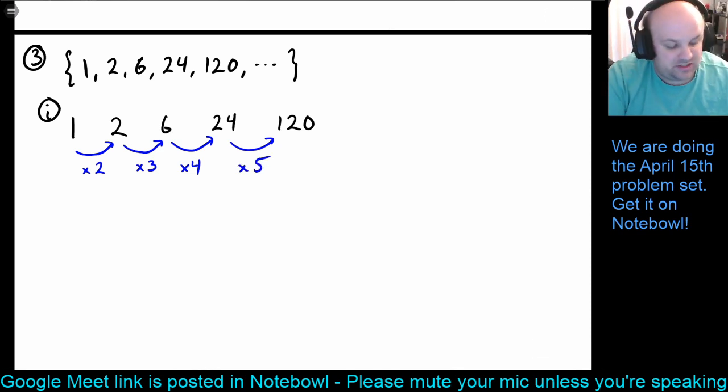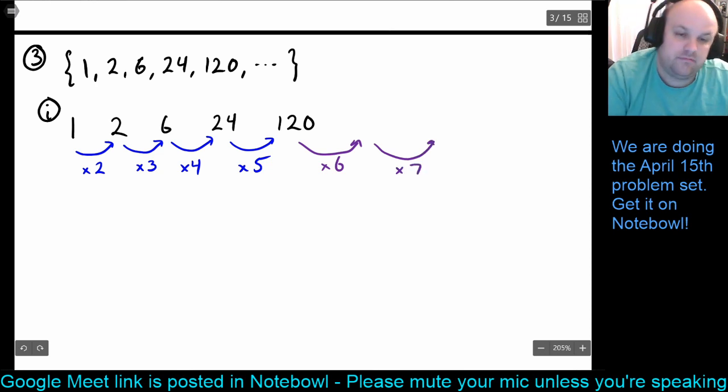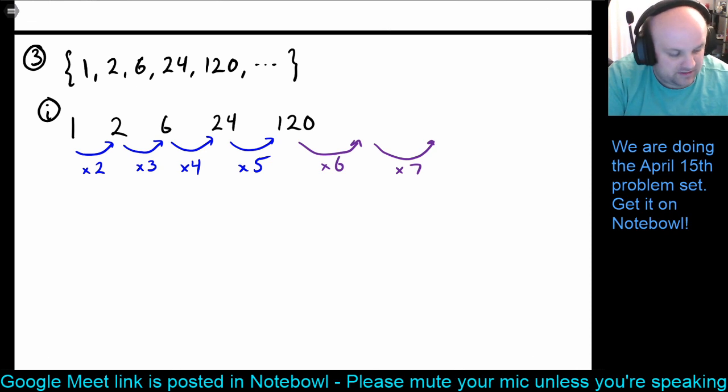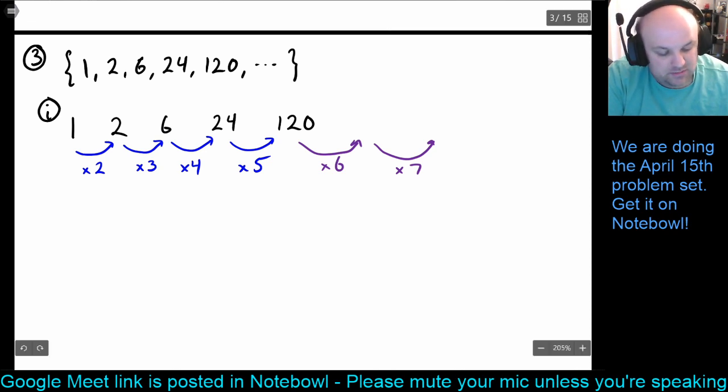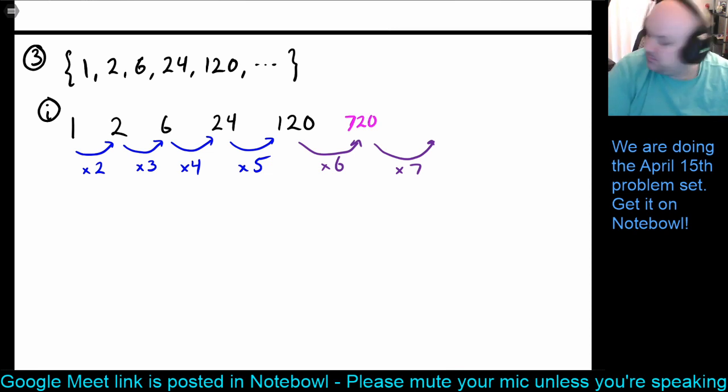So then the question is, what are the next two steps? Multiply by 6 if we're continuing this pattern, and by 7 if we're continuing the pattern. So multiplying this by 6 is 720. Yes, that's right.